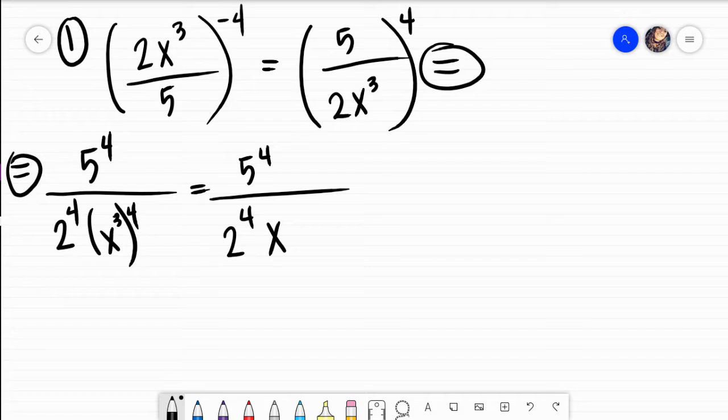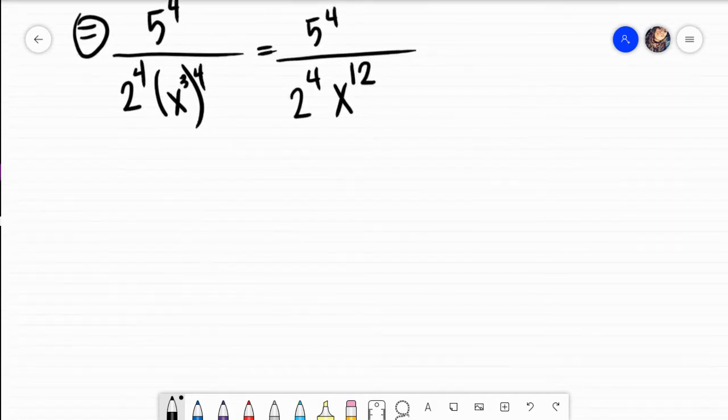So you get 3 times 4, which is 12. Okay, so again, evaluated, it would actually have a numerical value for 5 to the fourth, and you should get 16 for 2 to the fourth. And then our variable is going to be x to the 12th.